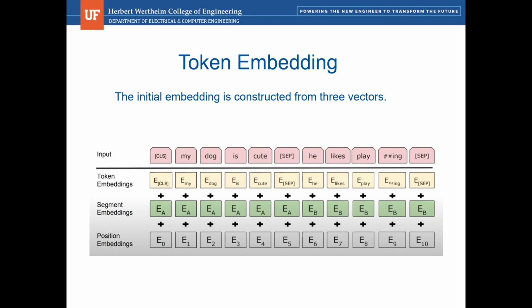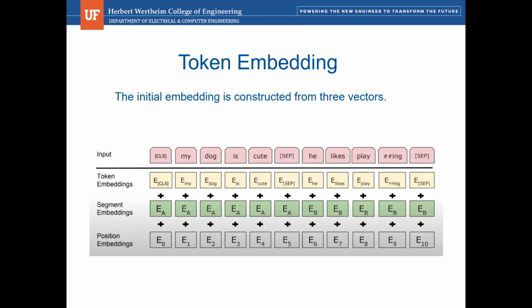This is the token embedding part. The initial embedding is constructed from three vectors. The token embeddings are the pre-trained embeddings. The main paper used WordPiece embeddings that have a vocabulary of about 30,000 tokens.